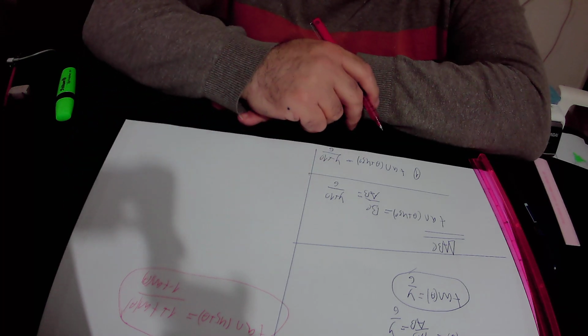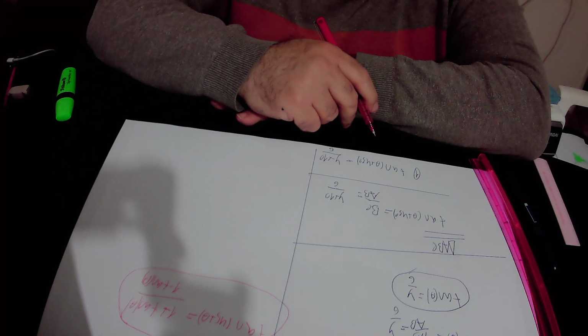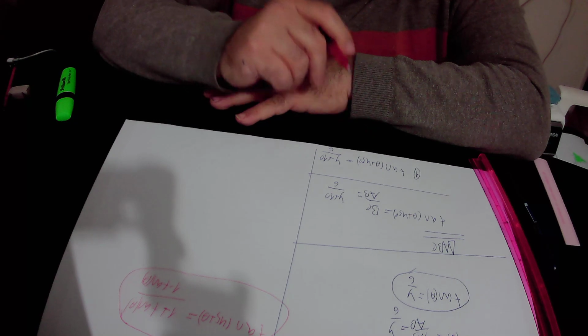Here, tangent of theta plus 45 degrees is absolutely equal to tangent of 45 degrees plus theta.